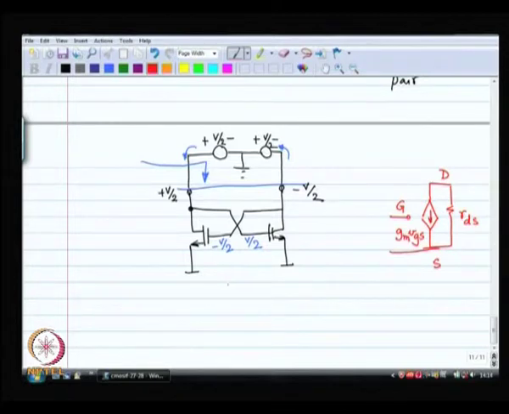I have thrown out all the capacitors conveniently. At radio frequencies you have to consider the capacitors, but I have thrown them out just for convenience in our analysis. At least as far as DC is concerned, we will get the right result.